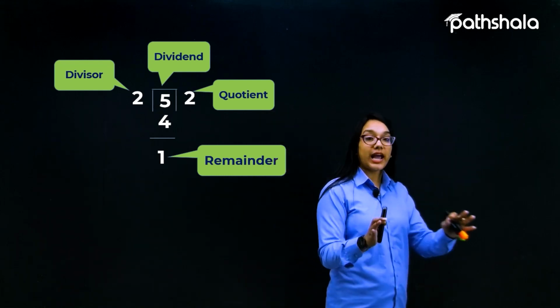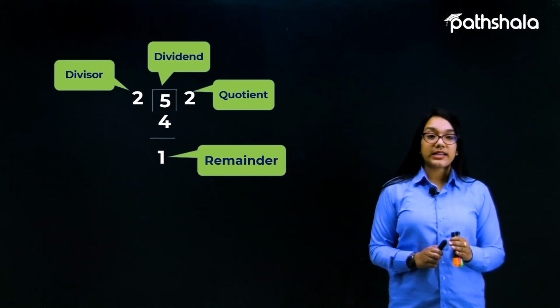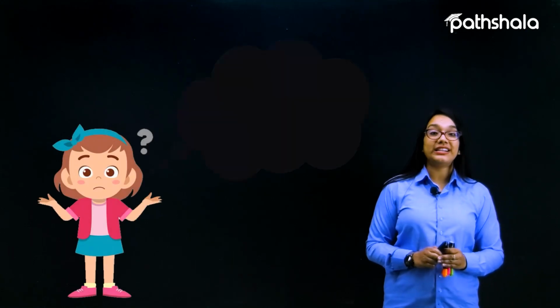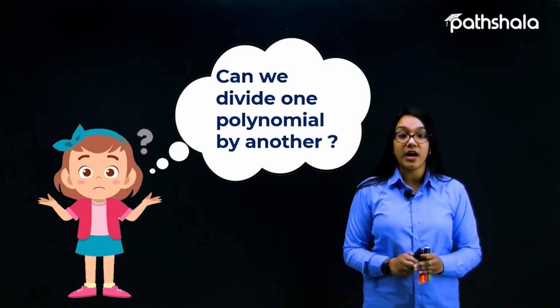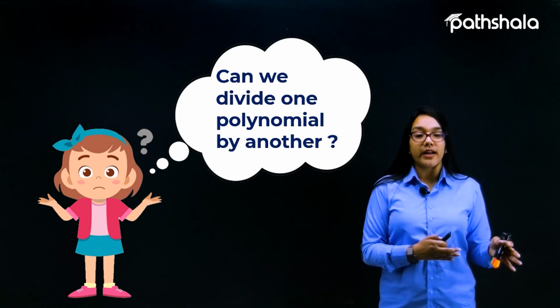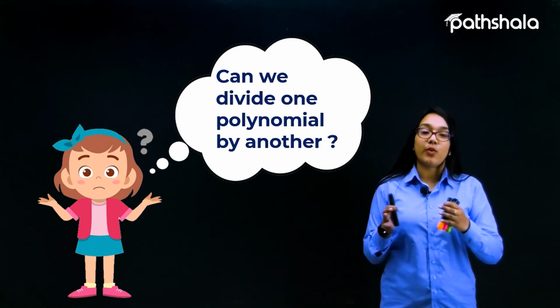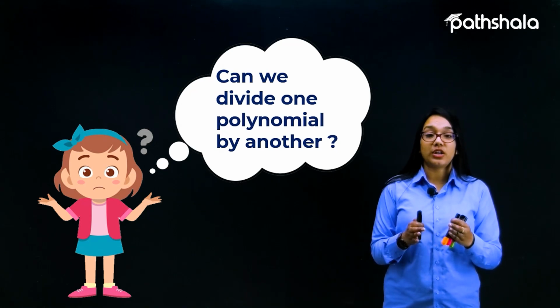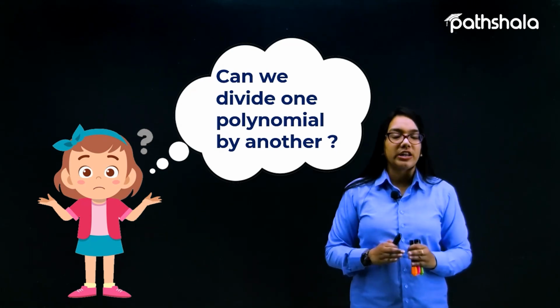Now the question arises: whether we can divide one polynomial by another, because we have divided two numbers over here. Whether we can divide two polynomials with each other or not.